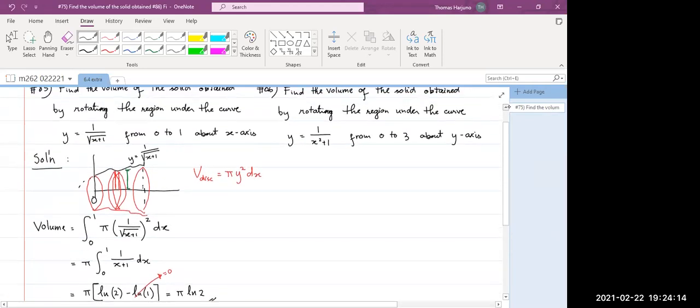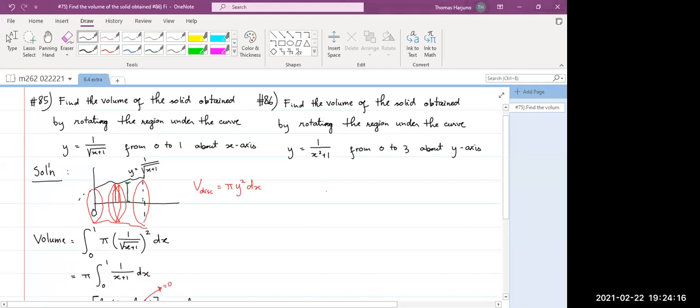What happens if instead we have the curve 1 over x squared plus 1 being rotated about the y-axis? It looks like this, I think. From 0 to 3, now we will rotate that with respect to the y-axis instead.